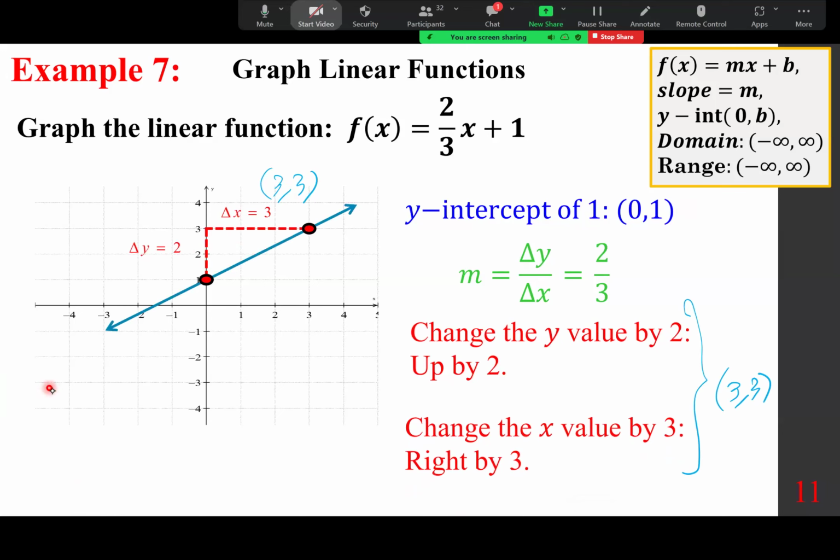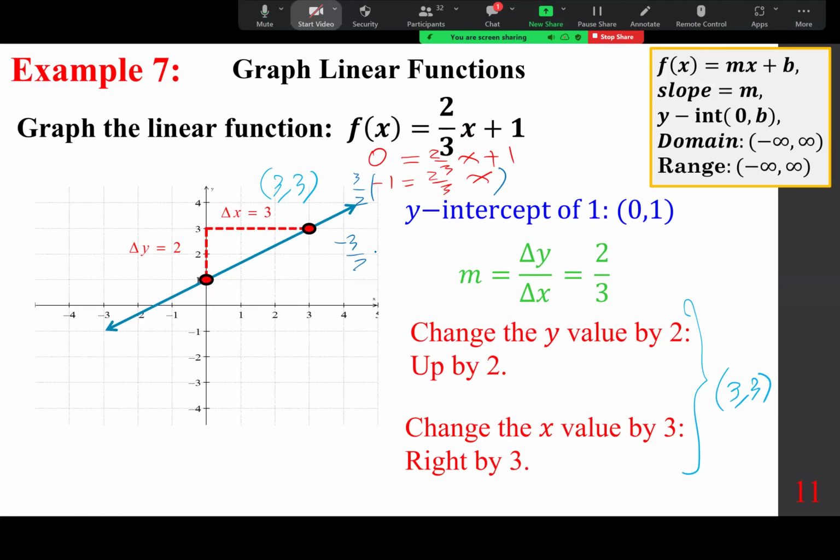However, besides 3, 3 and besides 0, 1, I would set this equal to 0, meaning I do this. I say 0 because this is y. 0 is 2/3 x plus 1. Move the 1, 2/3 x. Multiply both sides by 3/2.